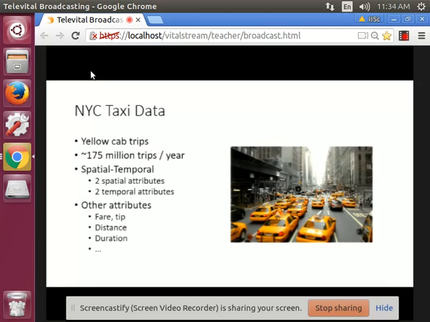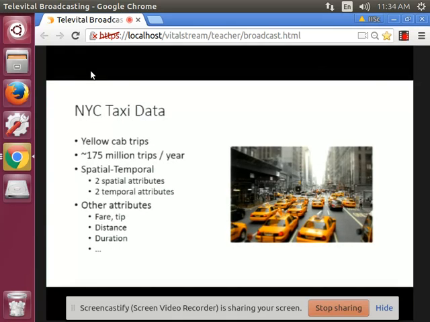At least the taxi data is really large. There are approximately 175 million trips per year, and each trip is a point in our case. We have data for now 6 years or more, resulting in almost 1 billion trips. And for the demo, I used 2 years of data, which was about 350 to 360 million trips.